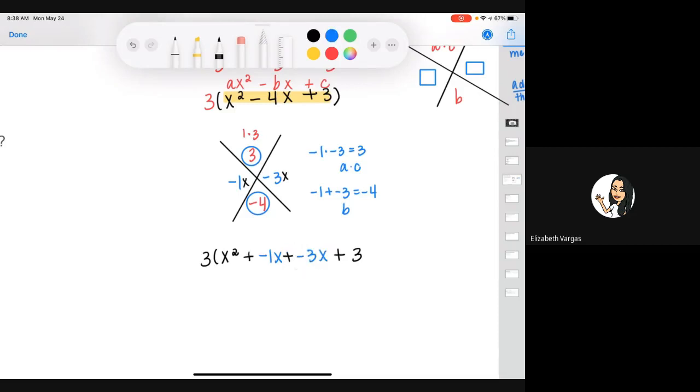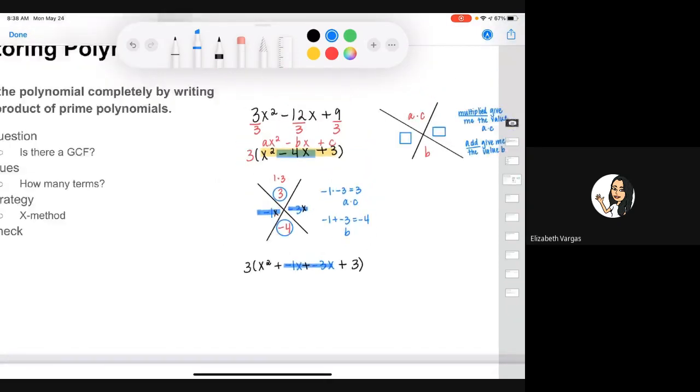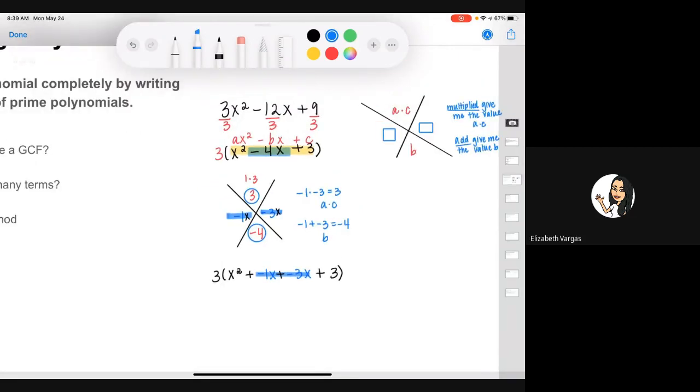Okay, so I've inserted those values where this negative 4x is to get this simplified expression right here. Questions about these steps so far before we move on to the next step? Questions? Okay.